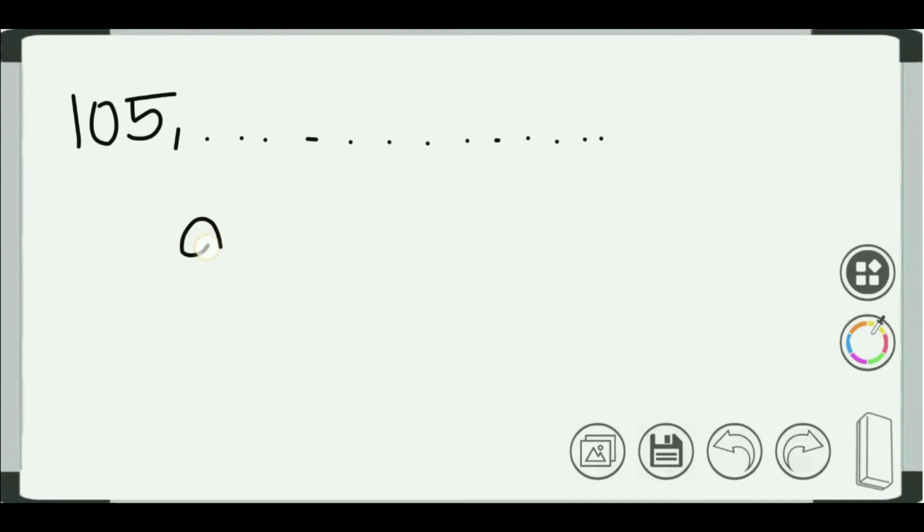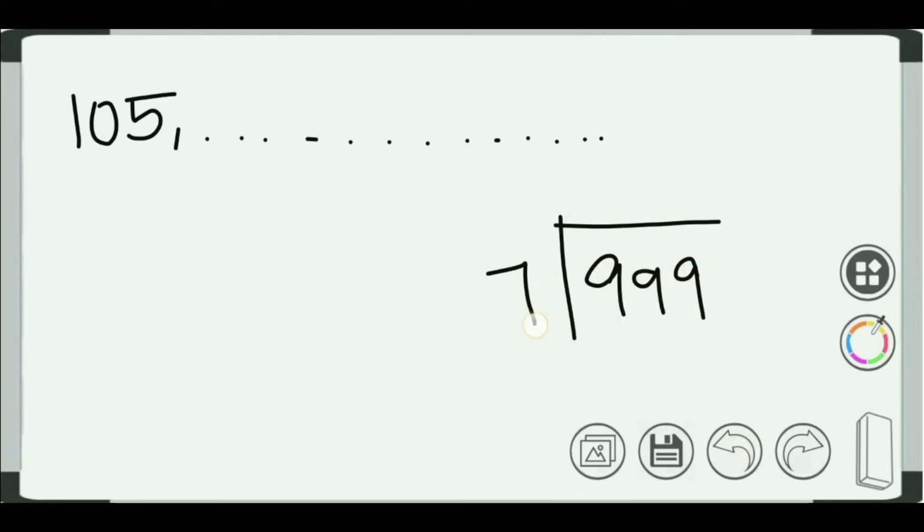Till where will your 3-digit number stop? See, the largest 3-digit number is 999, right? But is 999 divisible by 7? You can check like this. Divide 999 by 7.